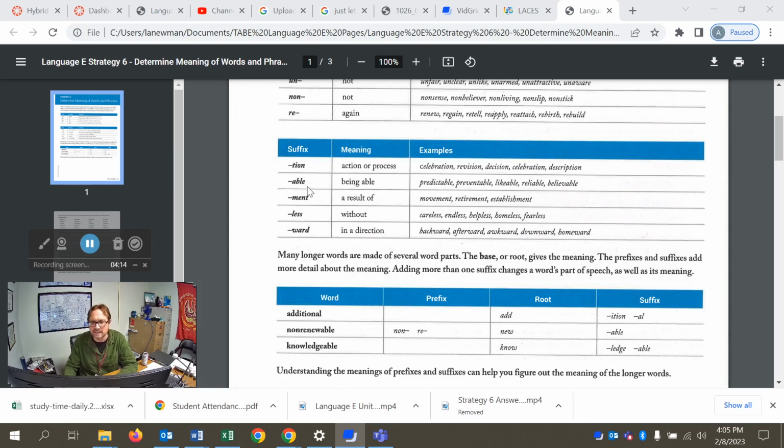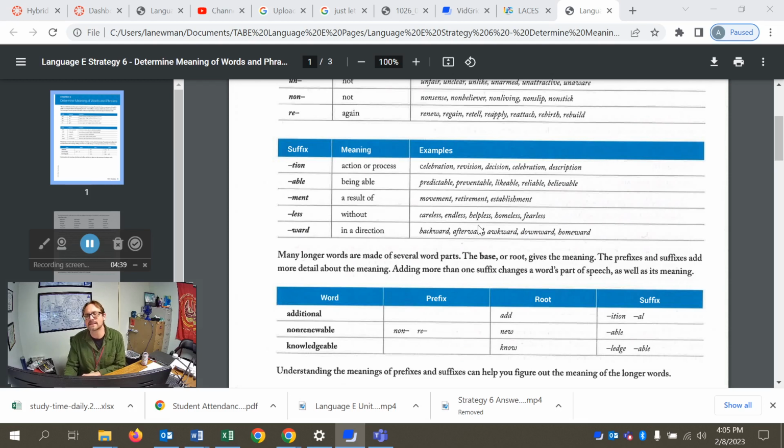Okay, able, being able, there's a clue right there in the suffix itself. Predictable, able to predict. Preventable, able to prevent. Ment, the result of. So movement, root word move, the result of moving. Retirement, the result of retiring.